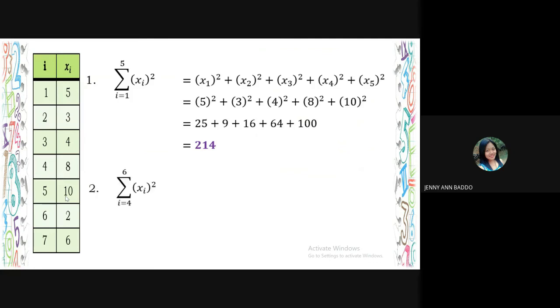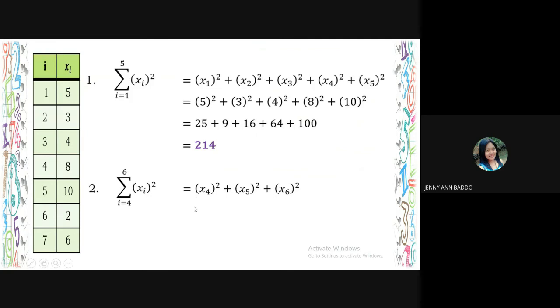Next example. Summation of x sub i squared, where i ranges from 4 to 6. So first, we have to expand. That's square of x sub 4 plus square of x sub 5 plus square of x sub 6.